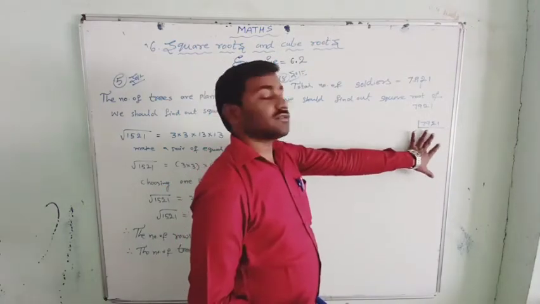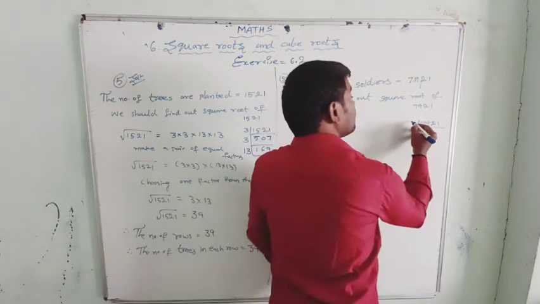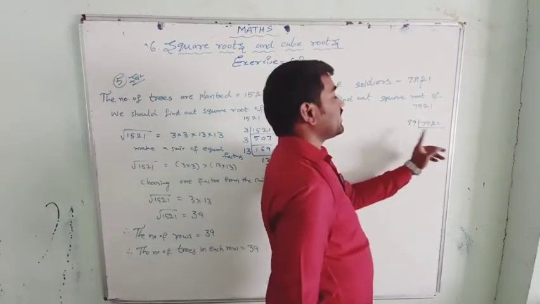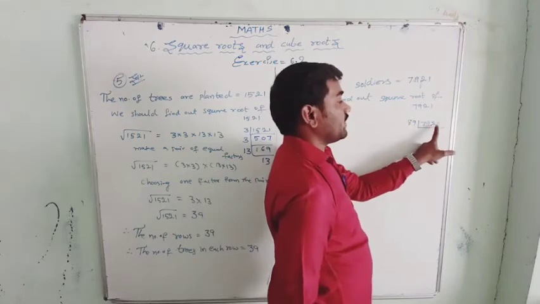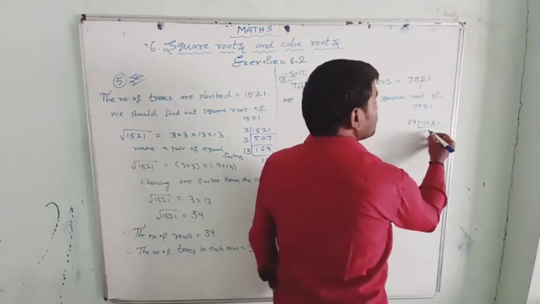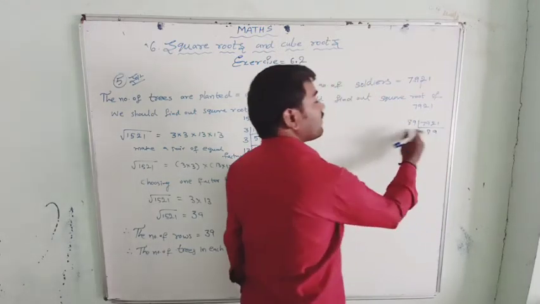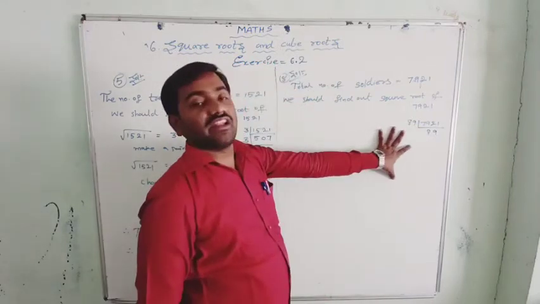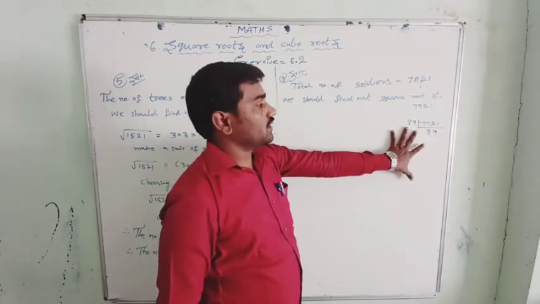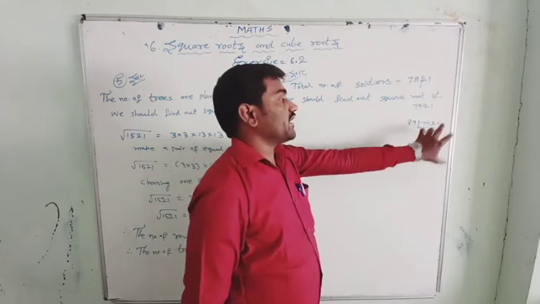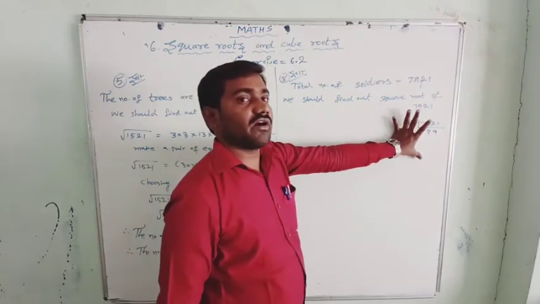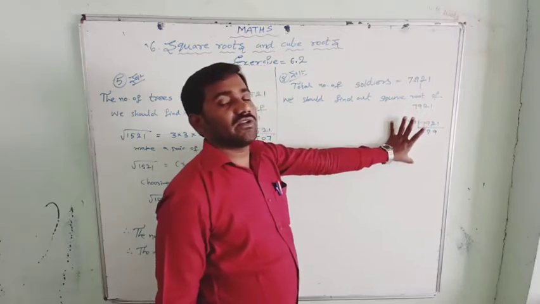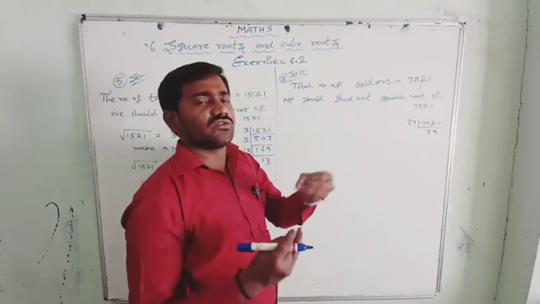So it's only possible in the 89 table, because 89 times 89 is 7,921. 89 is a prime number. A prime number will not appear in any other tables. So directly see that 89 into 89 will get 7,921. In my introduction class, I showed how to find the square root and cube root of numbers very quickly in a few seconds.